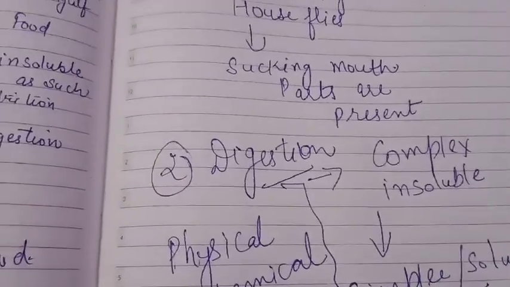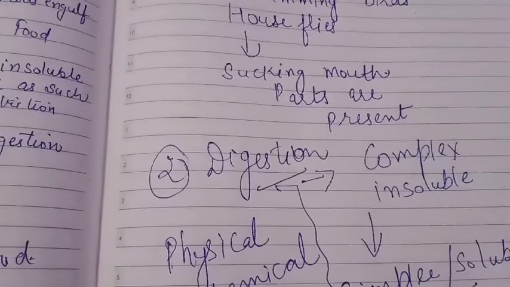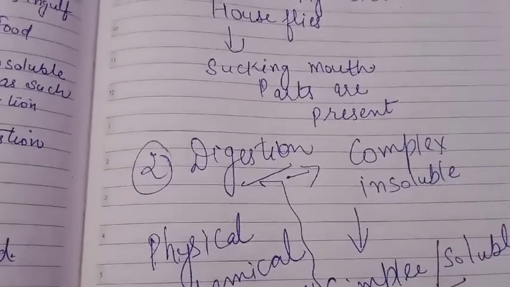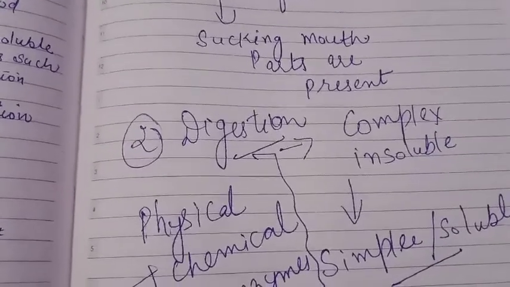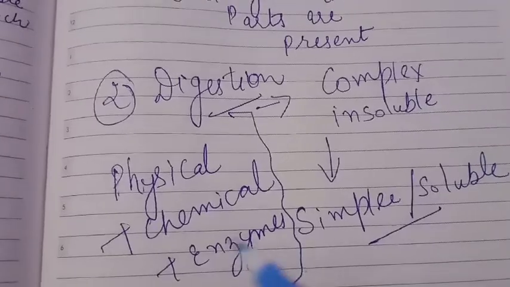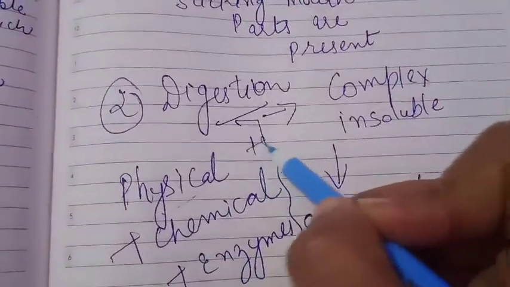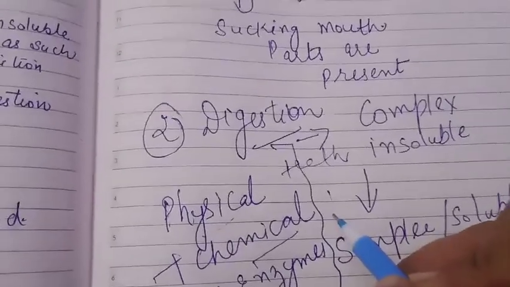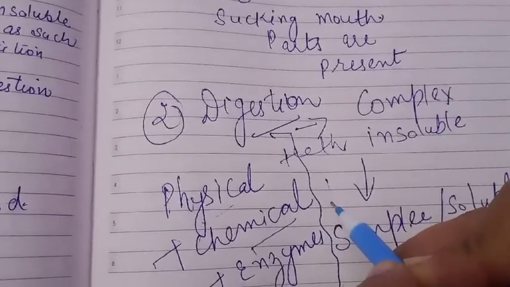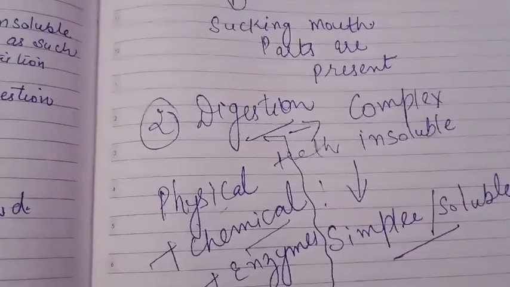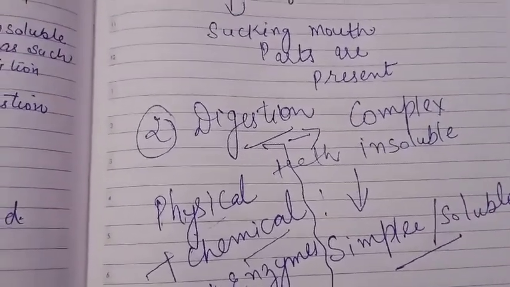In chemical action, many digestive juices and enzymes are present in our body that help to digest the food. Enzymes are chemical compounds. First physical by teeth, and chemical enzymes help to digest and soften the food. For each nutrient there is a particular different type of enzyme.